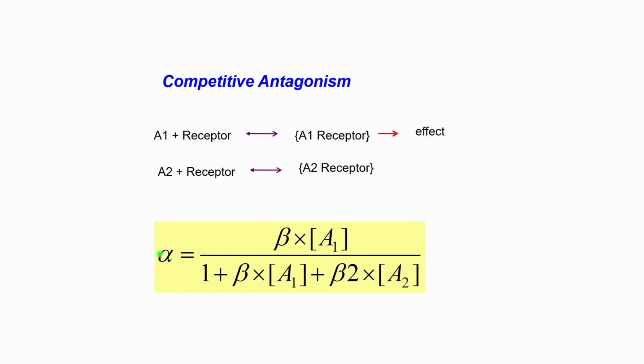So fraction of active receptor will be beta multiplied by concentration of A1, but it will be divided by expression that has another constant beta 2 and concentration of A2. It's obvious when you have lots of A2, this expression becomes a big one and total fraction goes to 0.